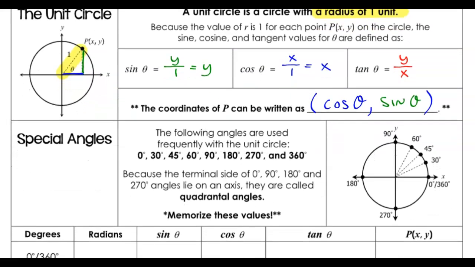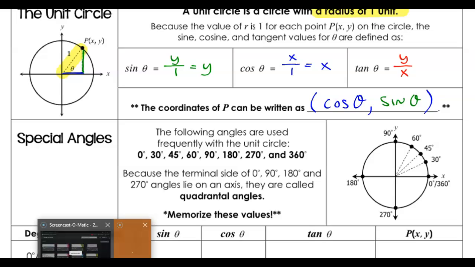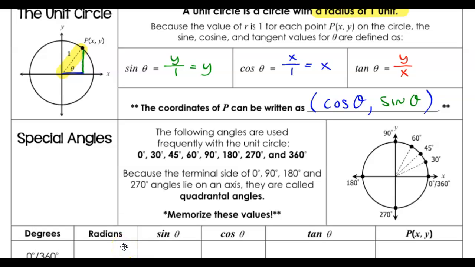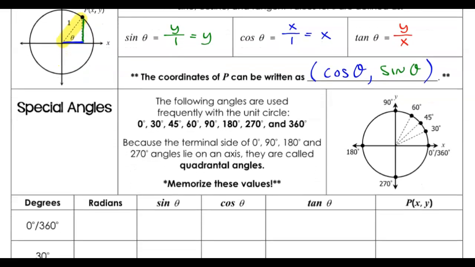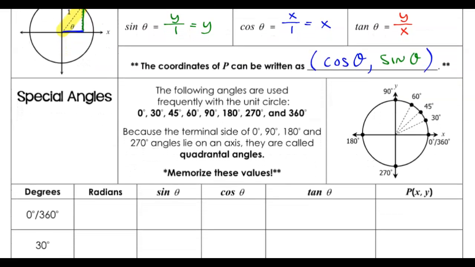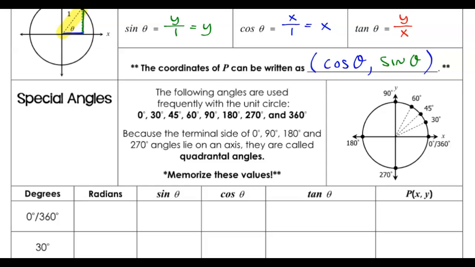Now when we take a look at these values, there are a few special angles that we're going to pay attention to. Obviously values like 0, 90, 180, 270, and 360 stand out because those locations are on either the x-axis or the y-axis.